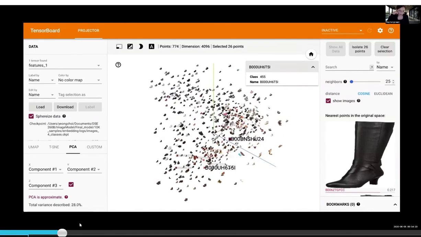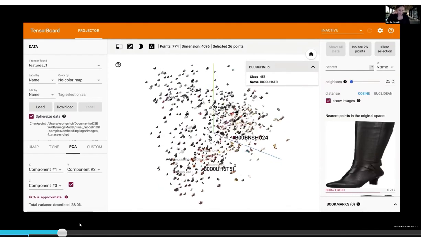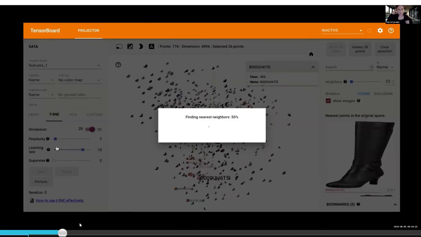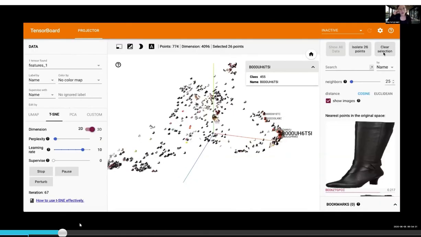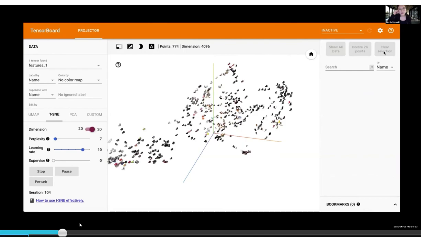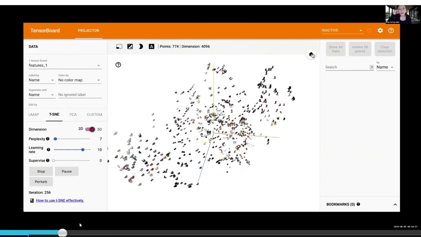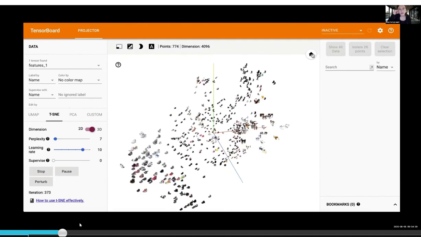Also, in TSNE, we can look at images more properly in clusters. So now it goes to TSNE. Here we start clustering the images.